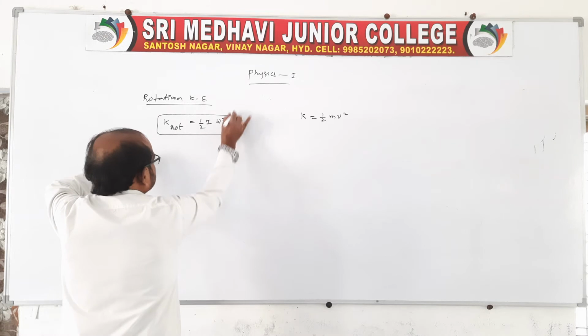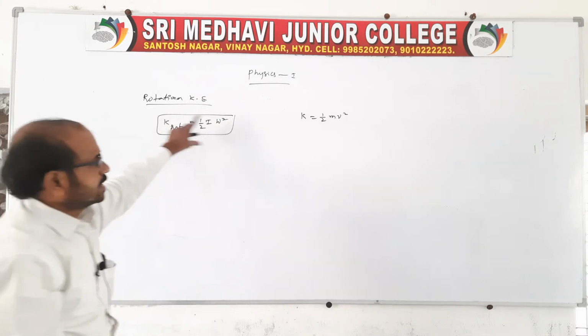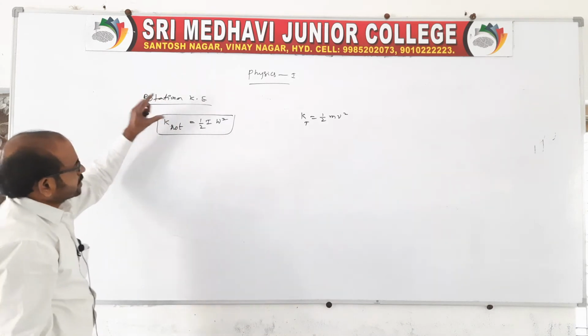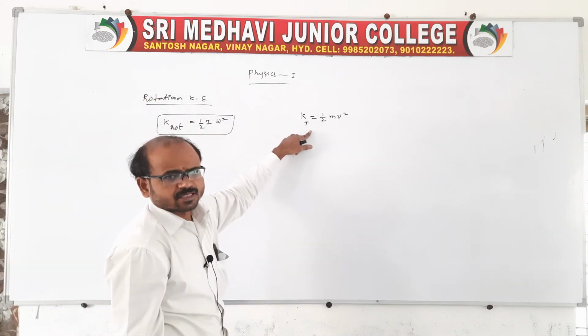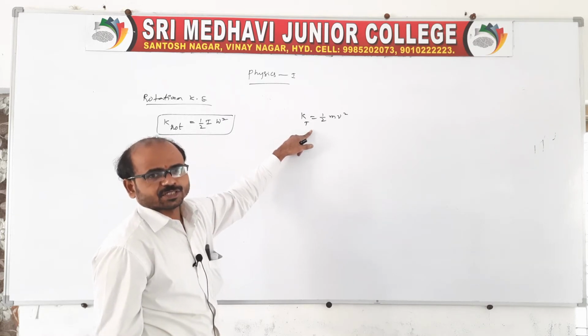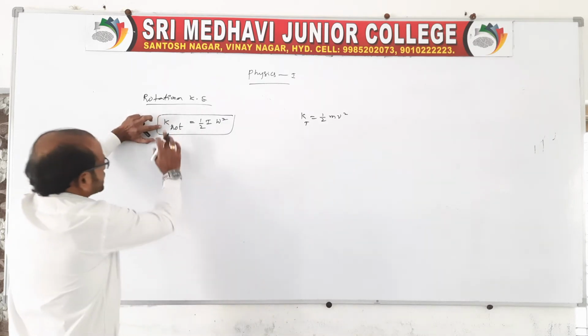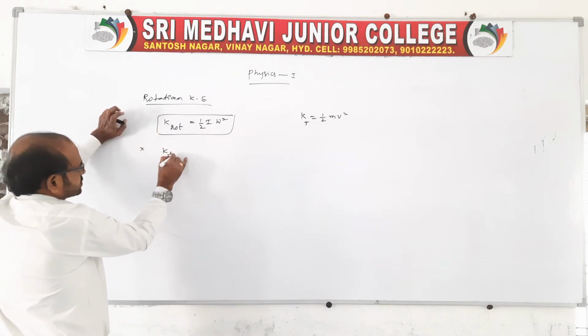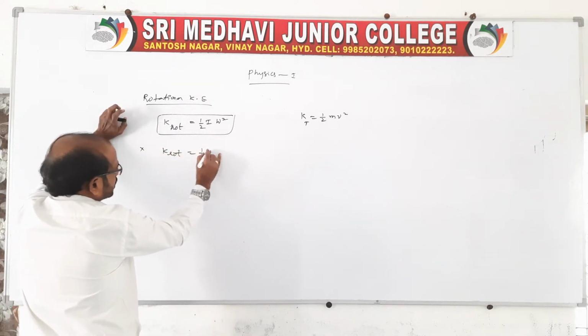This is the kinetic energy of rotation. It is the kinetic energy of translation. Simple. If mass we replace with moment of inertia, then K rotation is equal to 1 by 2 I omega square.